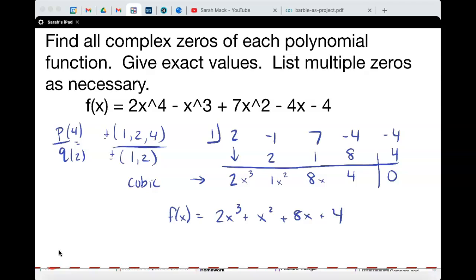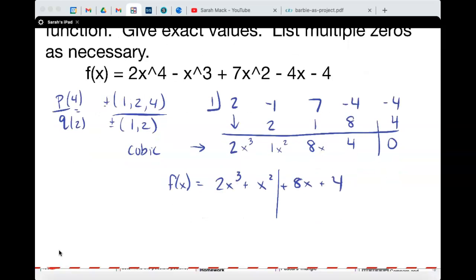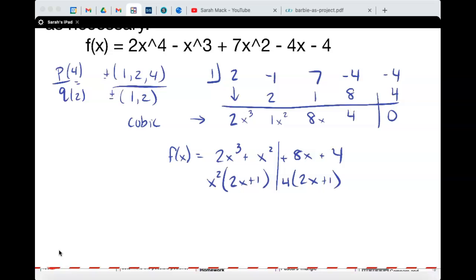There are 4 terms, so we can cut it in half and factor by grouping. Most of the time that doesn't work out that way. This one was just kind of nice. If it didn't work out, you'd have to do another rational zeros test and figure out one that works.